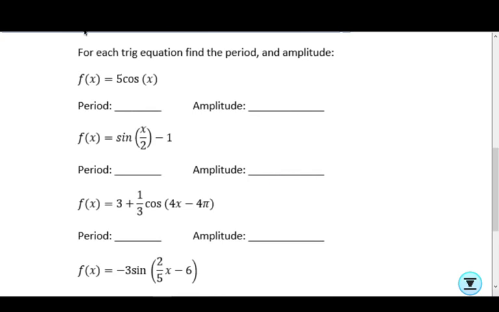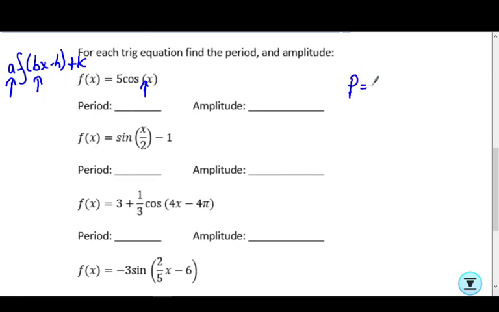So for this first one, we're going to be using the idea of this equation: a f(b(x minus h)) plus k. These are my basic transformations for any function. A is the one that's out front, and b is the one that's multiplying by x. So for my period, I need to know what b is.